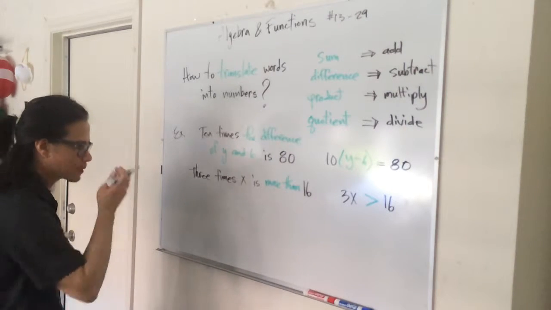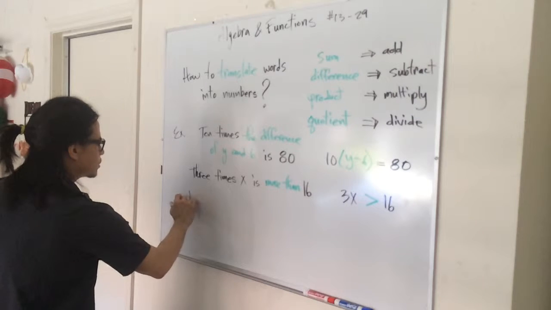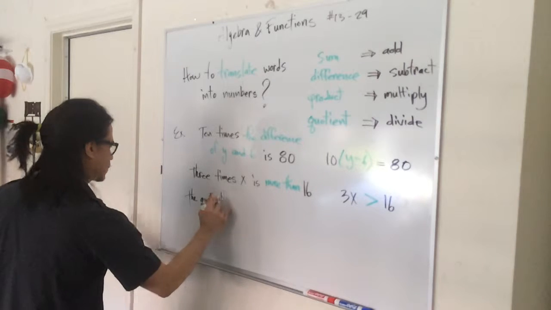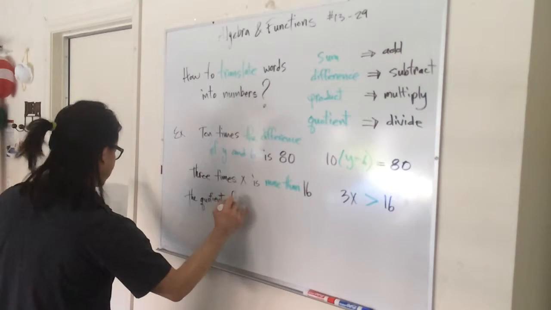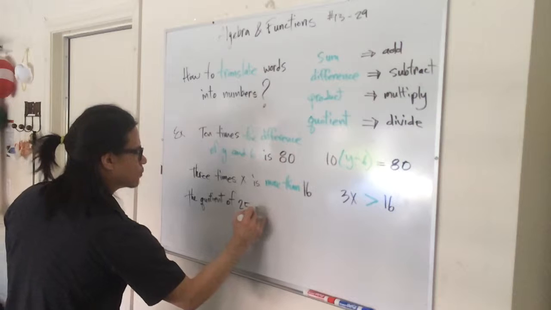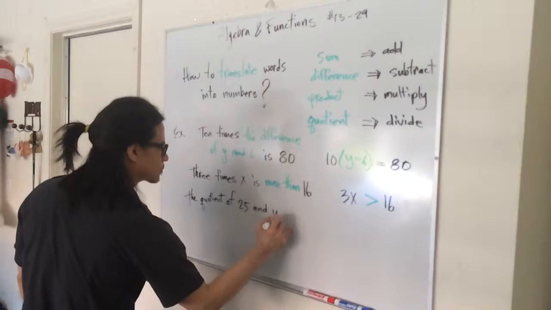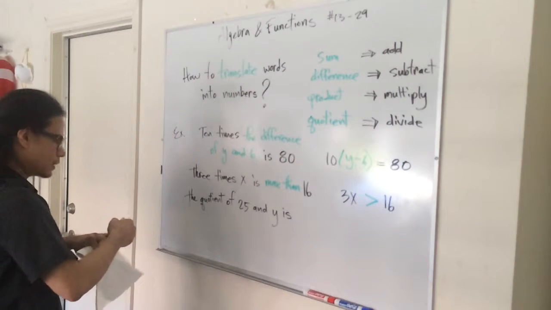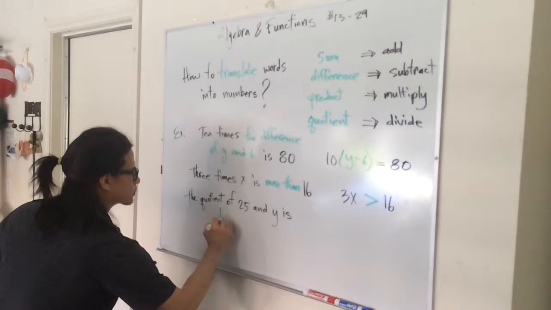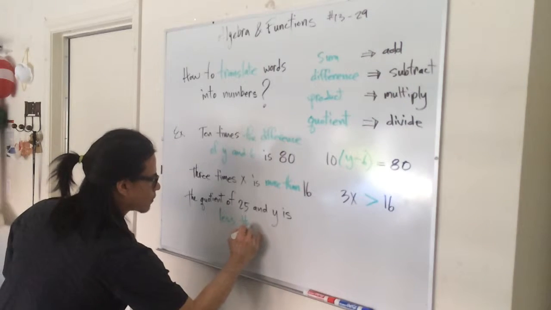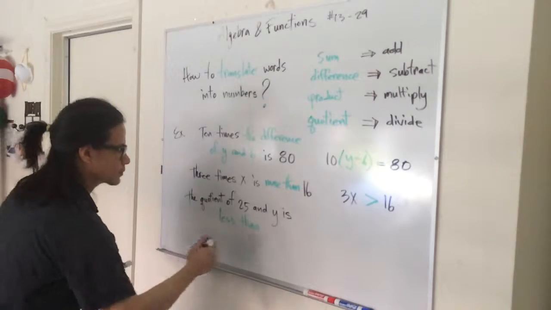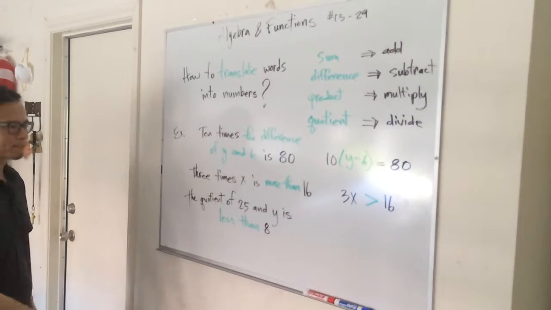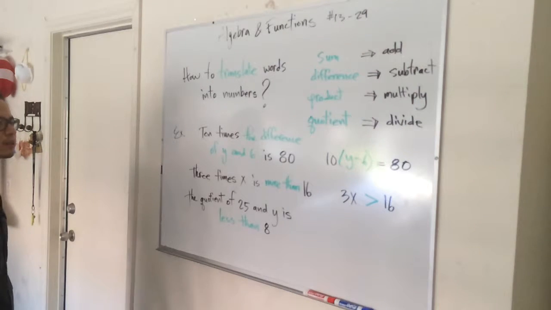This one is just for you. The quotient of 25 and y is less than 8. Okay, give that a try. Translate it into an expression.